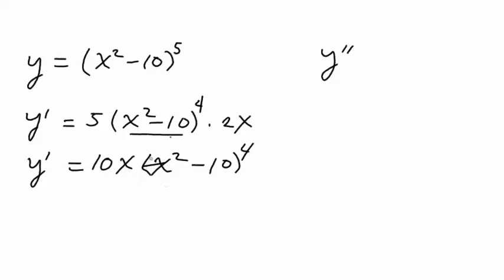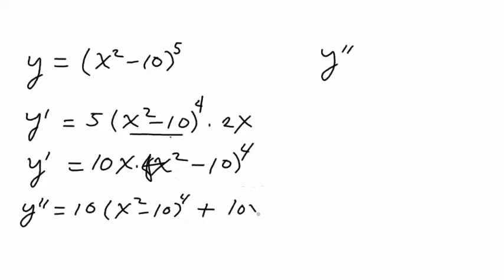So now we're going to want to use the product rule, because now we got to find y double prime, which means we got to take the derivative of this. Okay, so we have y double prime is equal to, so we take the derivative of 10x, which is just 10, and then rewrite. So we have x squared minus 10 raised to the fourth power, and then we're going to say plus, and then we rewrite the first part, 10x.